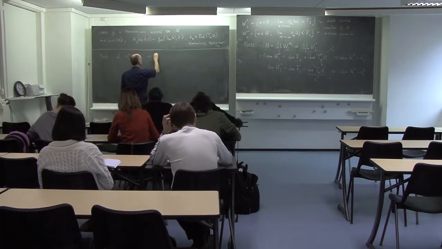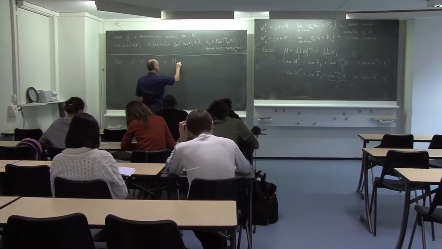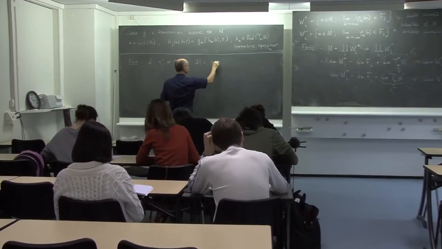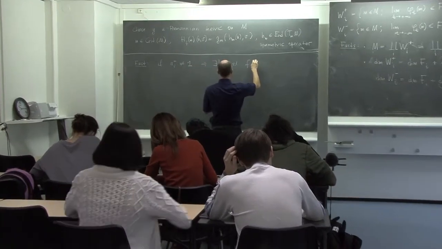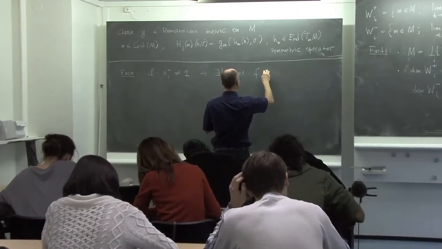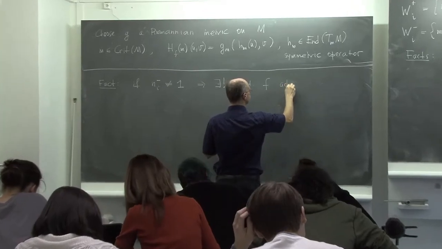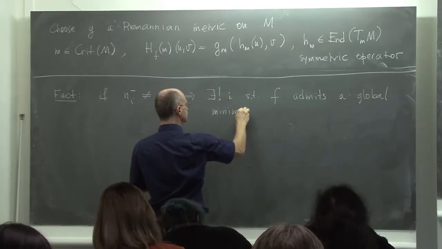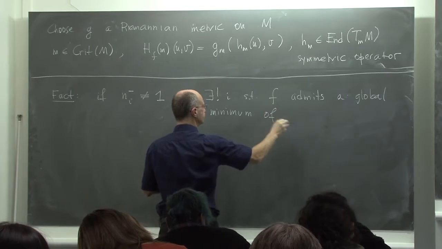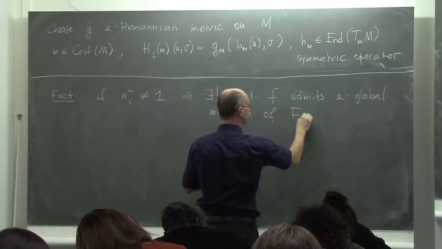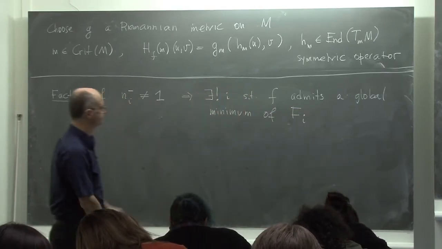Then there is a unique i such that F has a minimum on F_i.